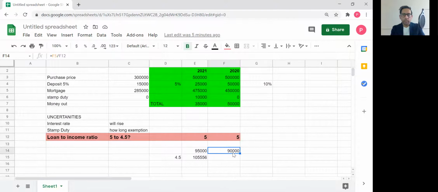So this is where we currently are, assuming that lenders are still not accepting 5% deposit.